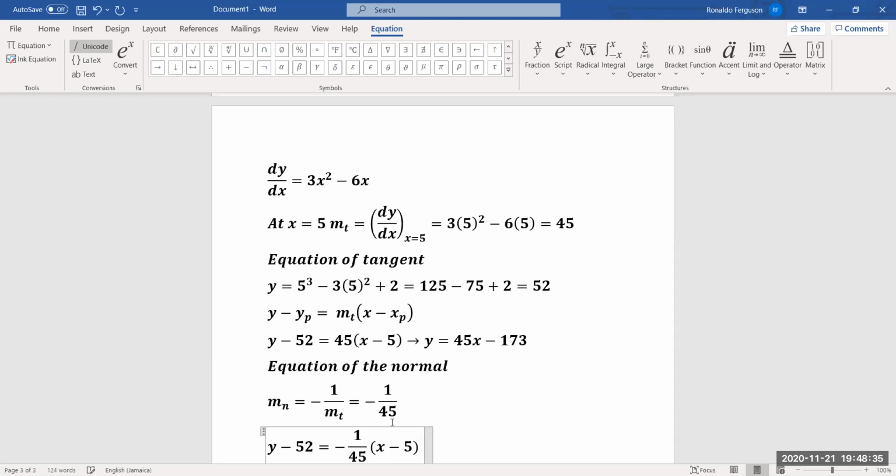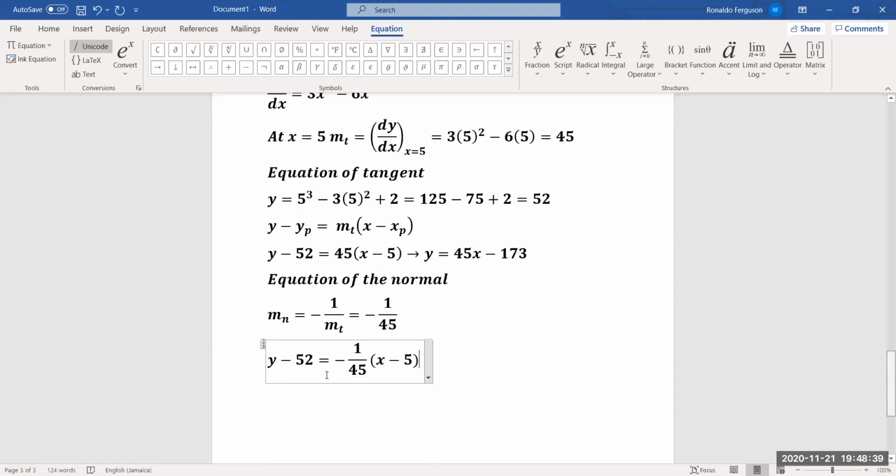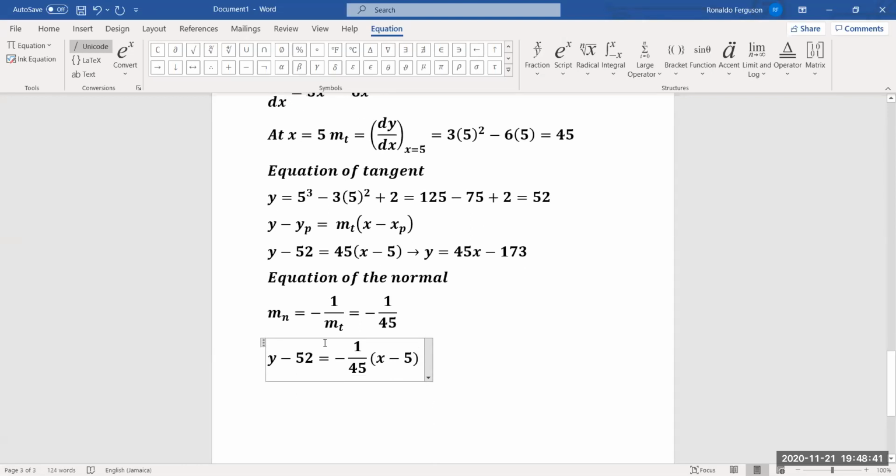Good. And that's the equation of the normal. Wonderful. If you want, you can expand and make y the subject, but I can't be bothered with that now. So we'll leave it at that. All you do is bring over the 52 and expand that bracket.